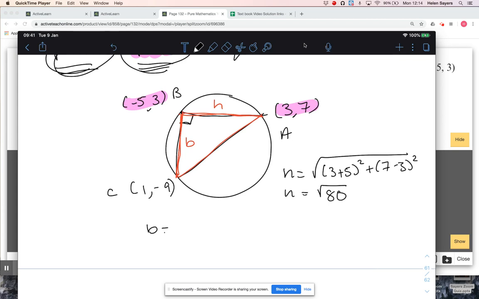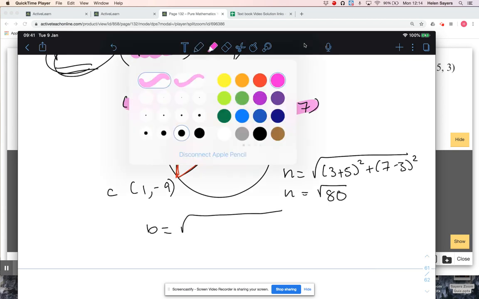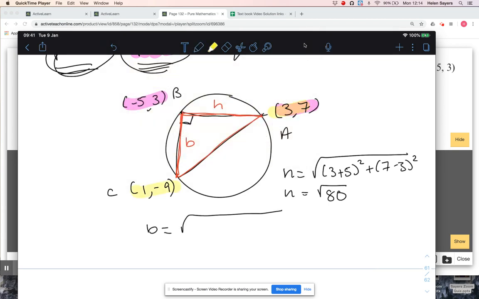The base is the distance between those two. So that is going to be 1 minus minus 5 all squared plus minus 9 minus 3 all squared. So that is going to be 36 plus 144, so root 180.